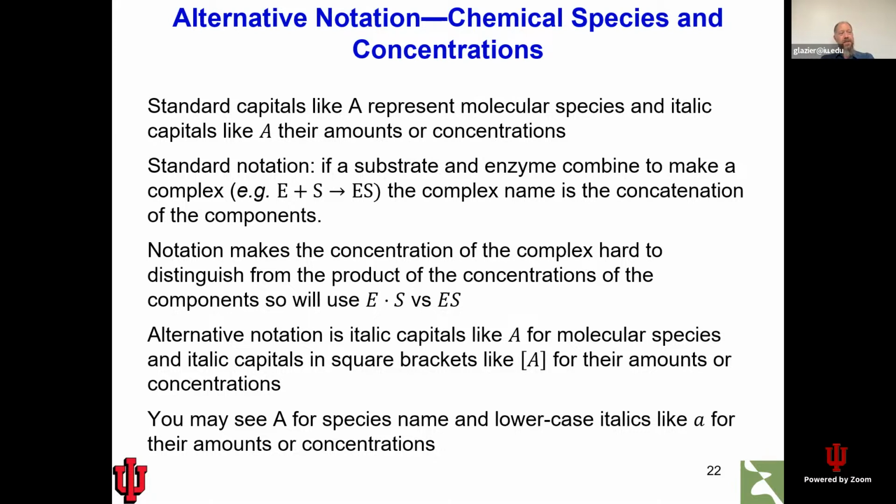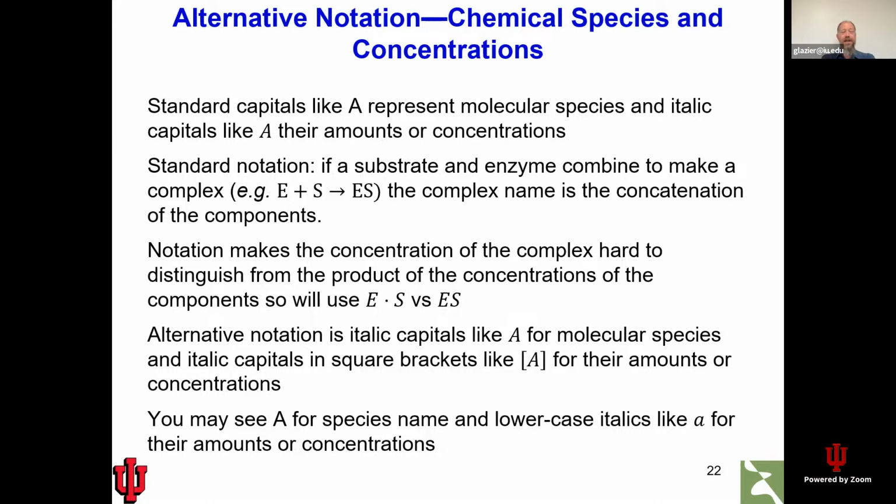Well, the problem is that in chemistry, we tend to write the complex of a pair of molecules by writing their names next to each other. And that gives us a problem if we are writing the concentrations, because the concentration of the complex ES should be italics ES.